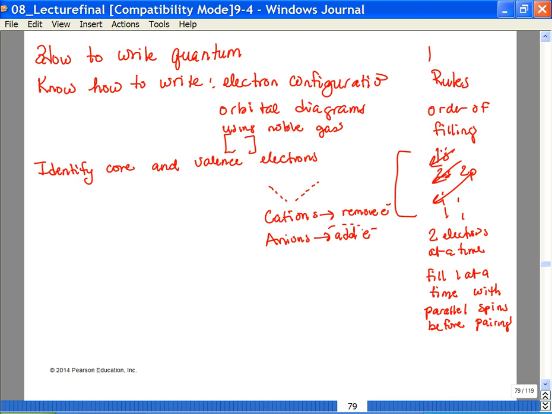So when adding an electron, we do it in the orbital that the electrons fill here. But when removing an electron to form a cation, remember we remove from valence.